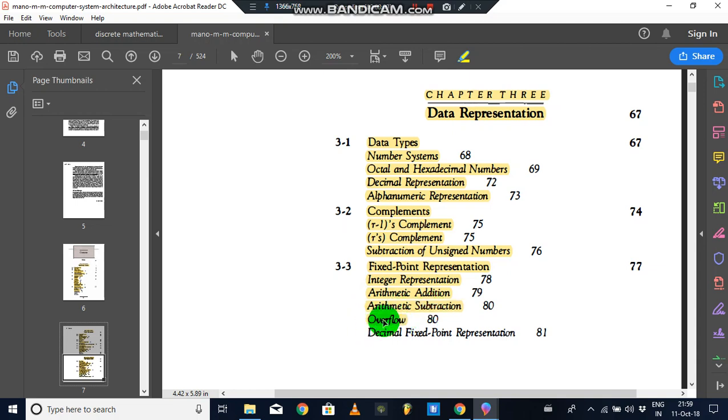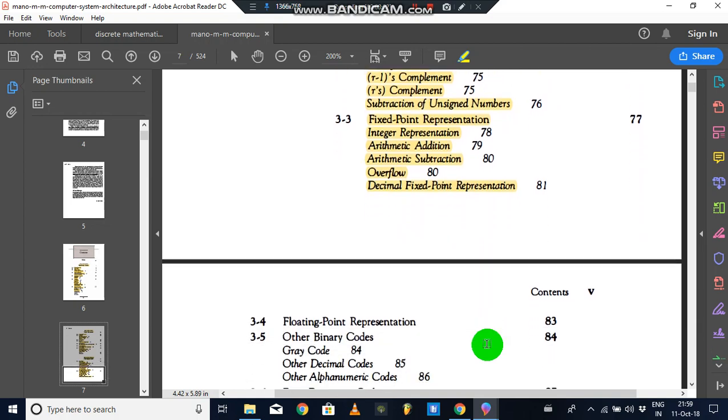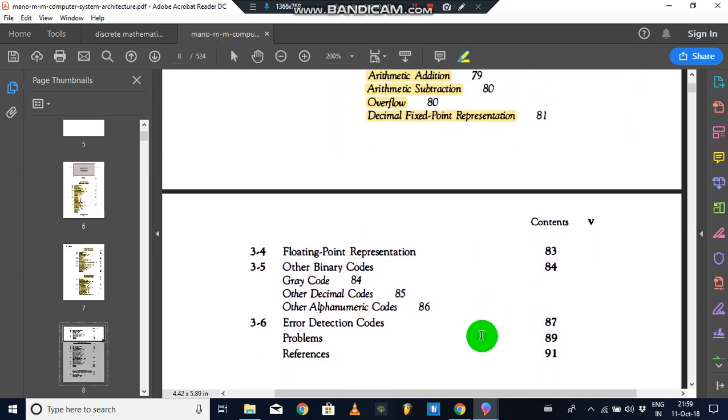This is the most important topic regarding the stack, and decimal fixed point representation, and floating point representation, other binary codes, gray code, other decimal codes, other alphanumeric codes, error detection codes.